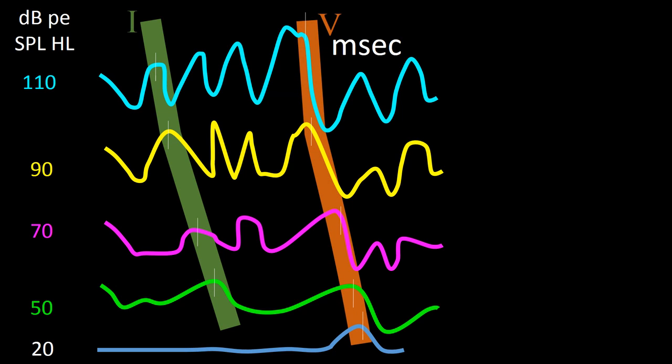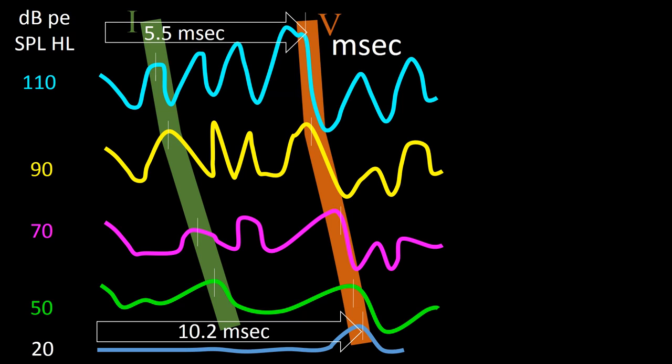I have now traced wave 5. Notice that at 20 dB, when no other wave is present, that is, there is no wave 1 or 3, wave 5 is present with a very long latency. Also notice that at 110 dB, the latency to wave 5 has almost halved.